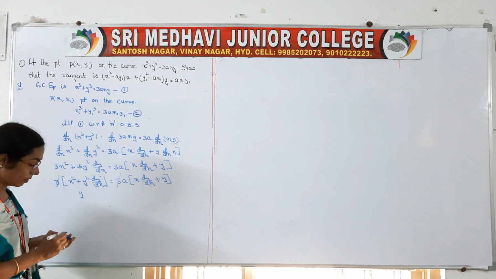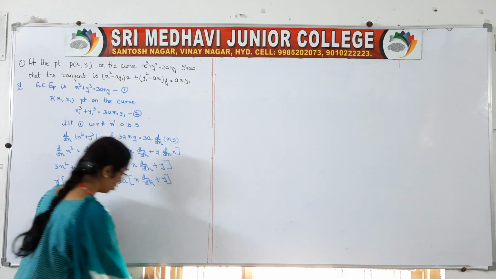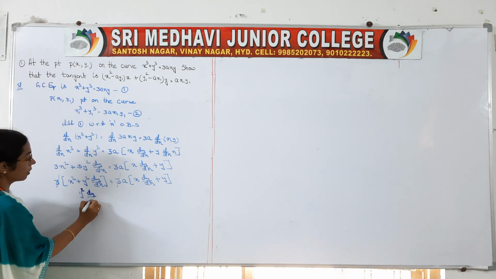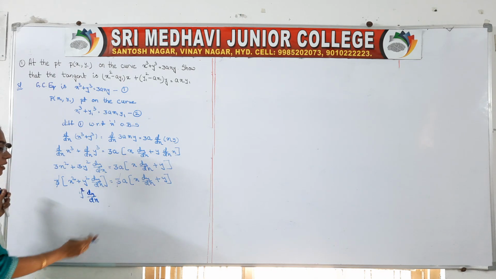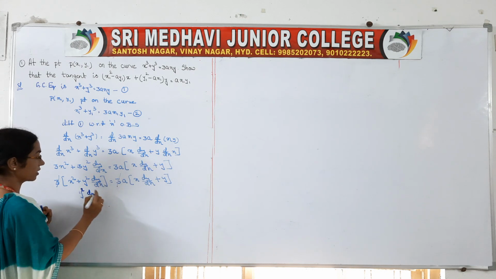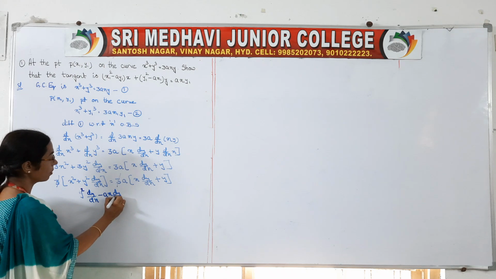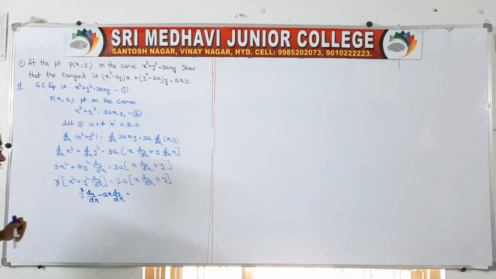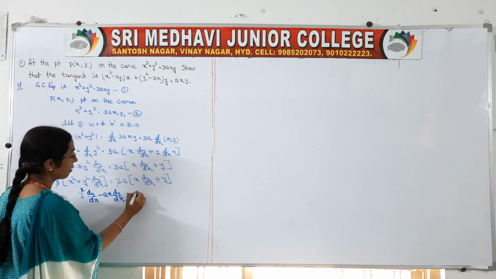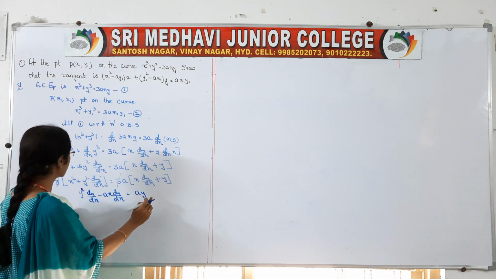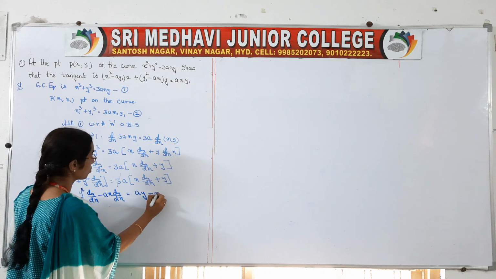So we will write dy by dx terms together and send the other terms to the other side. So y square dy by dx, and bring this dy by dx term, that is minus ax dy by dx is equal to, this side you have ay, and send this term that side, that is x square.